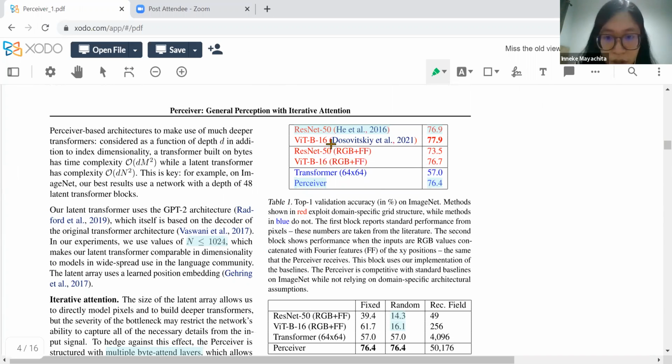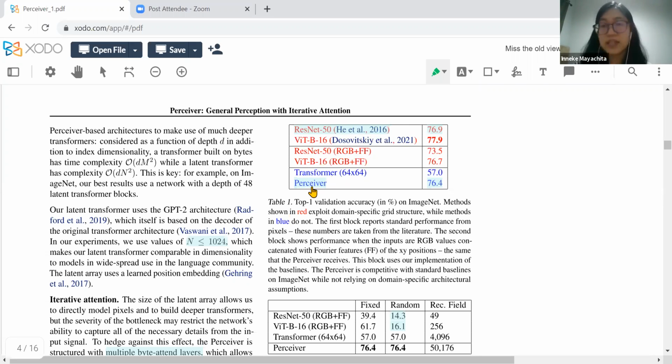The first block here is only using the RGB values without the positional encoding. The second one is like the first one plus the positional encoding, and this one is the transformer and perceiver. So we can see that ResNet, as we mentioned before, is based on CNN, which has inductive biases.